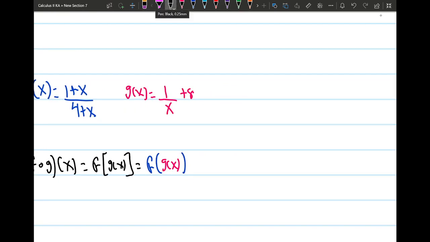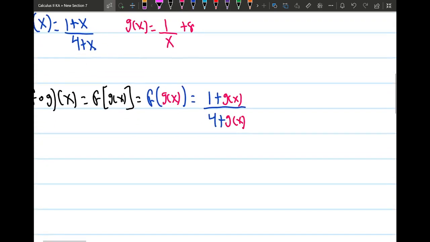So it's going to be 1 plus, and anytime I have an x, I'm going to put a g of x there first so that you guys can see exactly how this goes, and then over 4 plus g of x. I'm just putting in my information step by step.